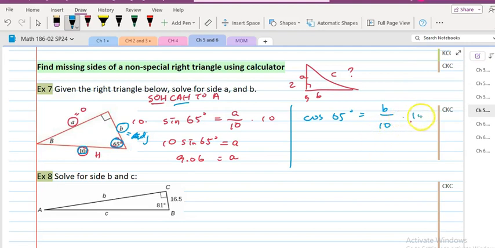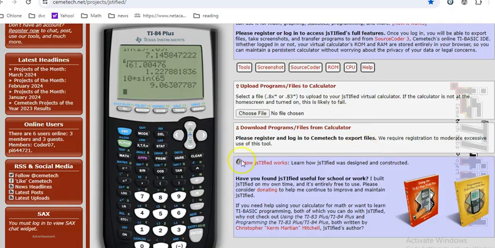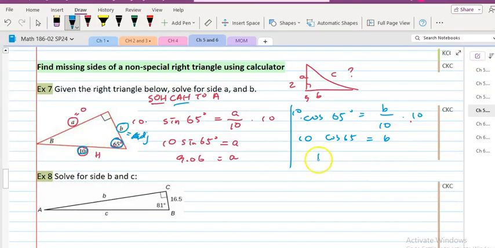So again, to solve for B, I multiply by 10. 10 cosine 65 would equal B. So I'm going to put in my calculator: 10 times cosine 65, 4.23. B equals 4.23. So that's how I solve for a missing side.